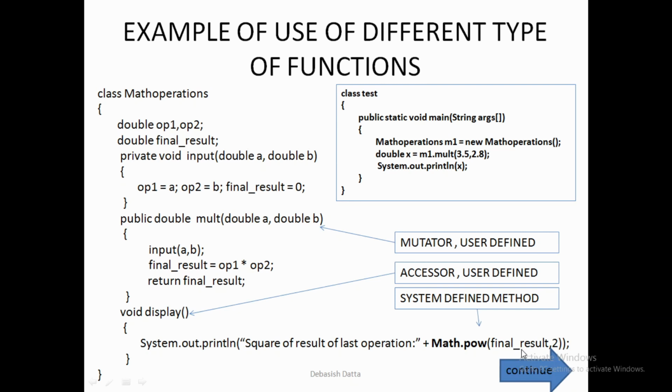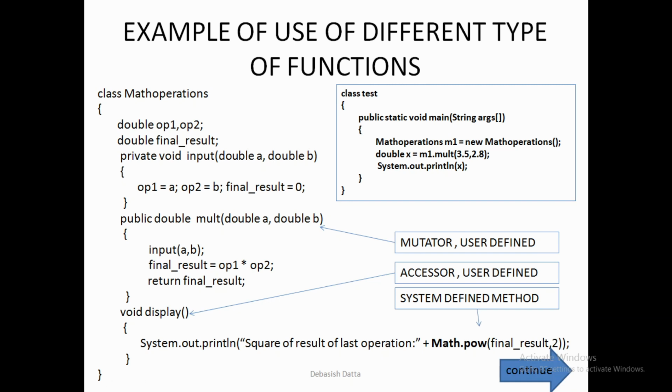For example, say if the final result has the value 5, then the pow function will return the square of final result, that is 25. Now calculating the square value is not changing the value of the final result variable. Therefore, the value of the final result variable will remain the same even after calculating the square of it. Therefore, the display function is not changing any value. So it is an accessor method.